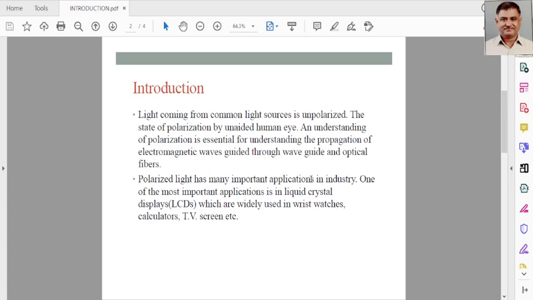The state of polarization cannot be detected by the unaided human eye. All these things we have discussed, and polarized light has many important applications in industry, and one of the most important applications is in LCDs and TV screens, in wristwatches, calculators, etc.